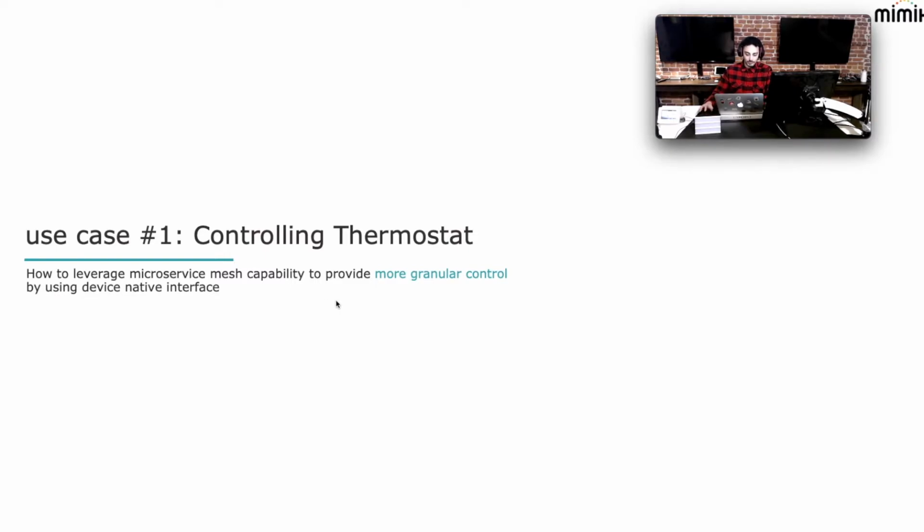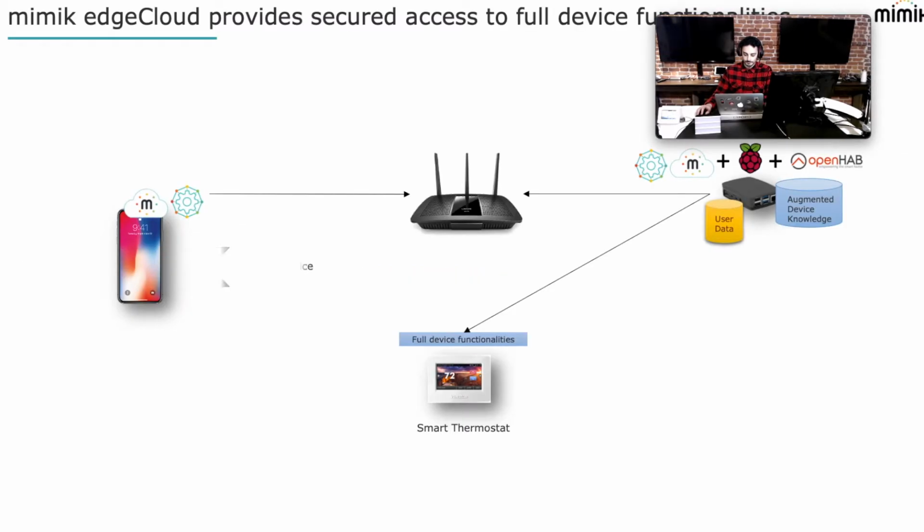So in this demo, what you're going to see is this. The homeowner's device will open a Mimik application and they will get a list of items that allow you to control different functionalities of the thermostat. We'll use the application to directly communicate with the thermostat via this path.